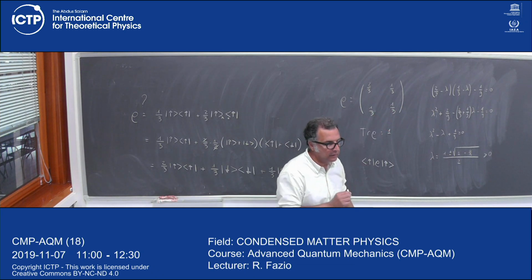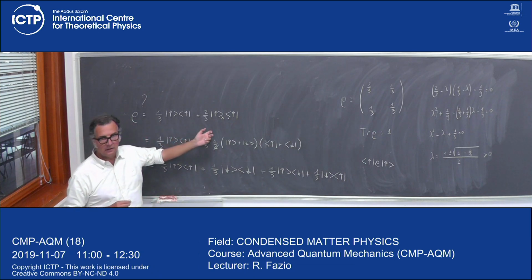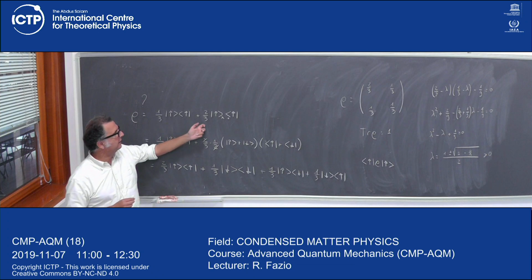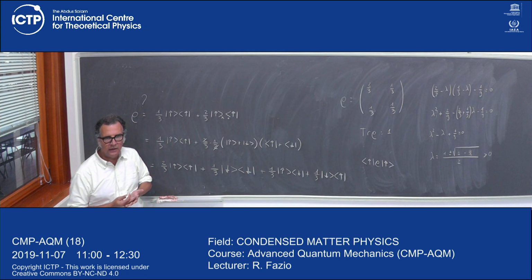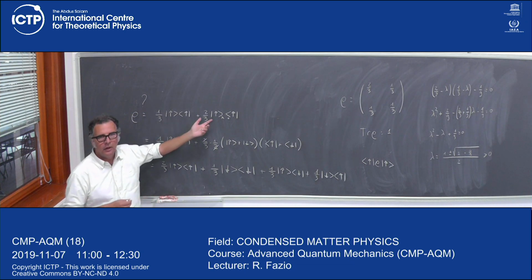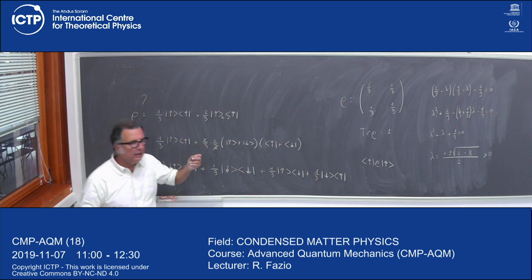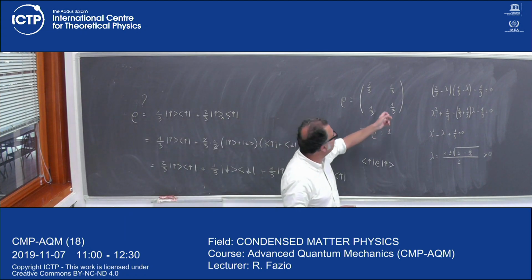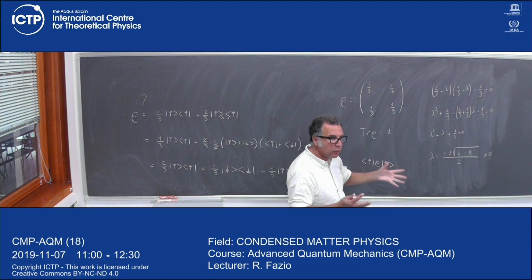So this is crucial. If I write this density matrix, you see that these two states are not orthogonal. So you cannot interpret it like coin tossing, which should be either up or down, because there is also a component of up here. This is reflected in the fact that the density matrix has off-diagonal components. But this is part of quantum mechanics.